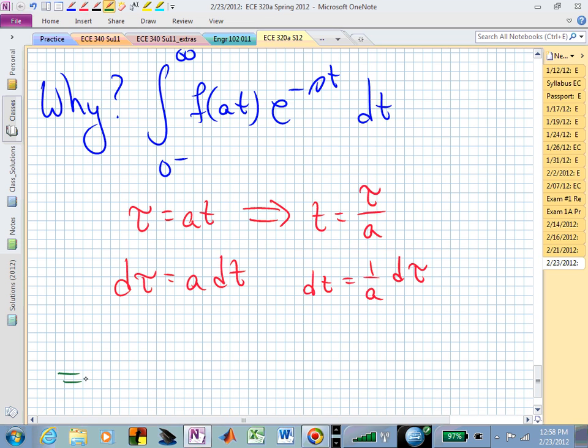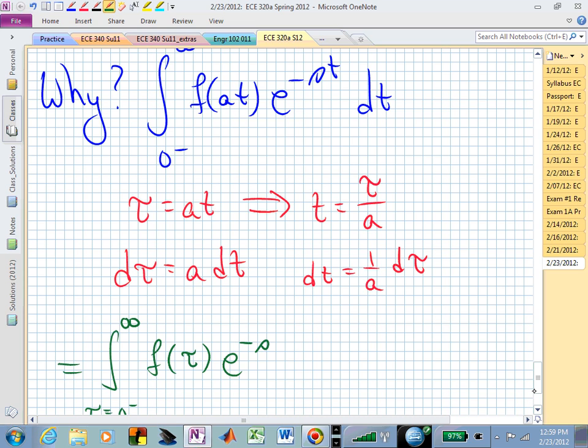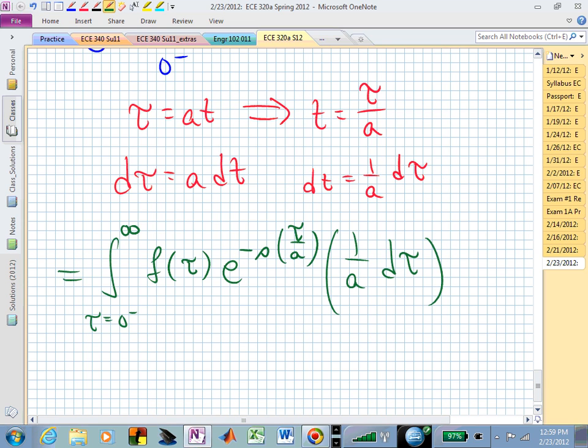What are my limits? Tau started with t equal to 0 minus, so tau is also 0 minus. If t is infinity, tau is also infinity. And now I have f of tau, e to the minus s, t now is tau over a, and dt is 1 over a d tau.